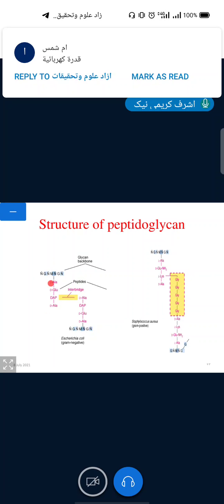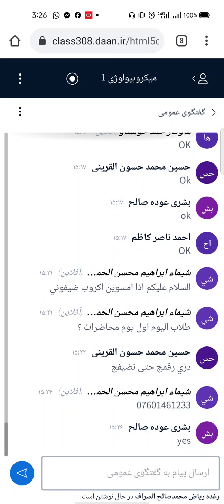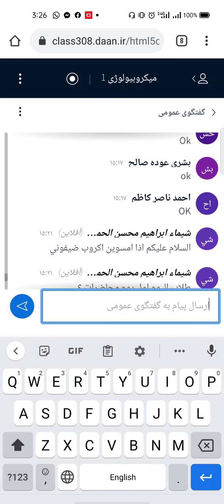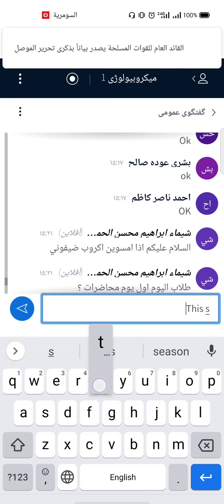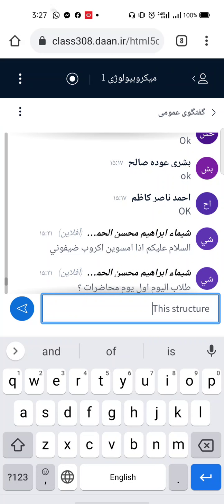N-acetylmuramic acid is connected to amino acids: L-alanine, D-glutamic acid, D-aminopimelic acid, and D-alanine, and a peptide bridge from one strand to another strand. This is about E. coli. This is about Staphylococcus aureus.